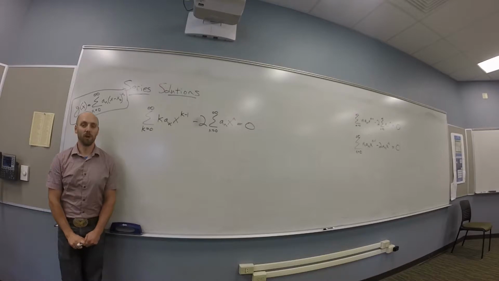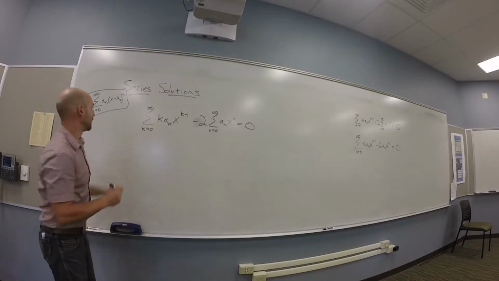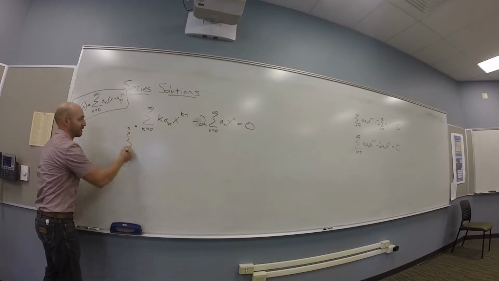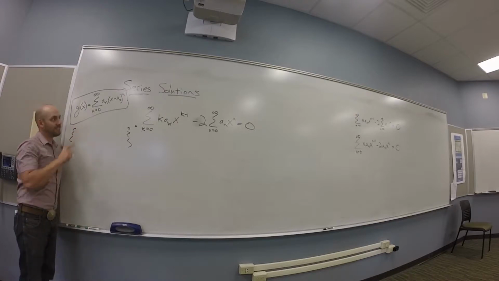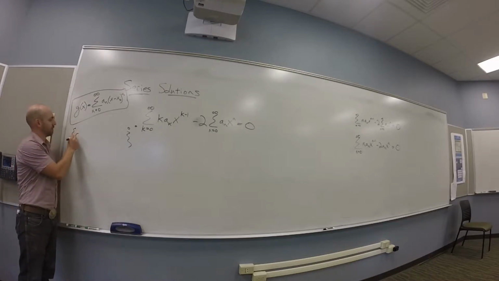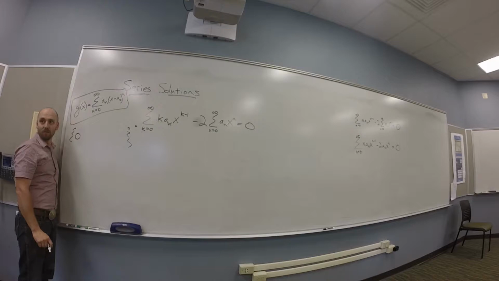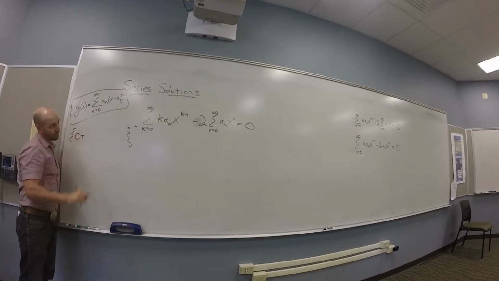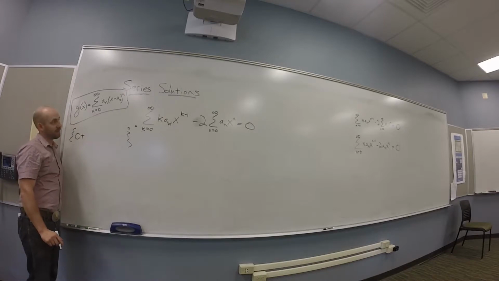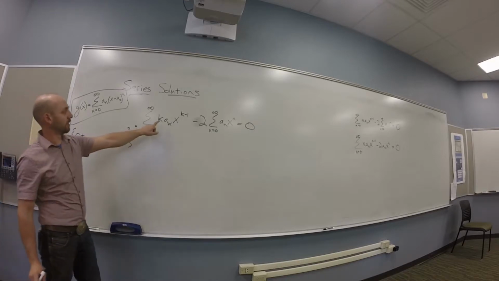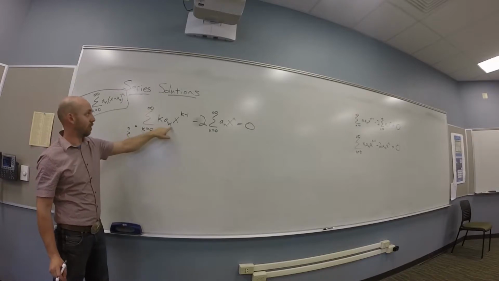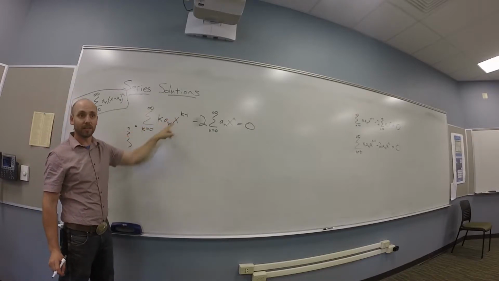Okay. Screwy bit. If I consider this one, and I said don't use ellipses, but I'm going to use ellipses just for a second to illustrate something. This guy at k is 0 is zero. And then at k is 1, a_k times k, so it's 1 times a1, and then x to the 0, so that's just a1.